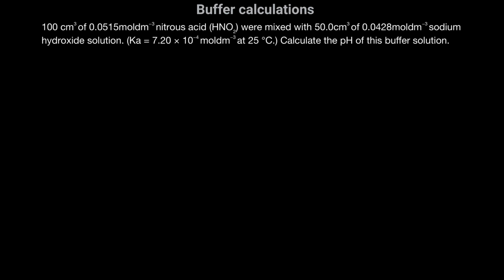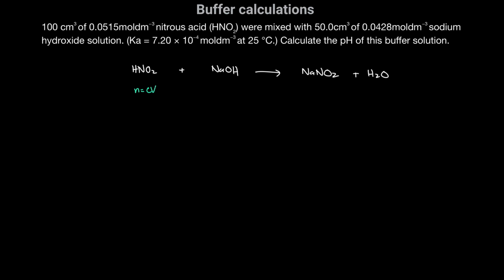So over here again we have nitrous acid, that's HNO2, reacting with sodium hydroxide to form NaNO2 and H2O. It's a neutralization reaction, and they've given us the concentration and the volume of the acid and alkali used over here.